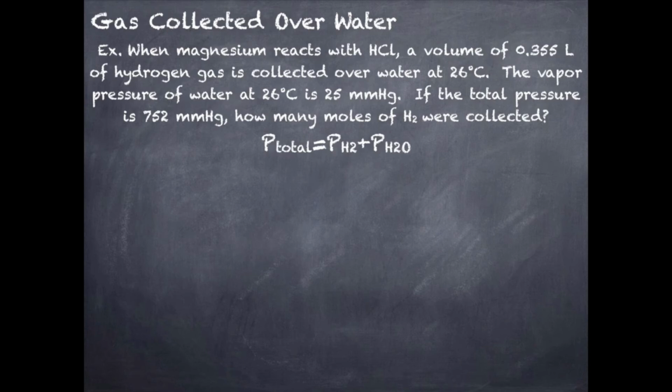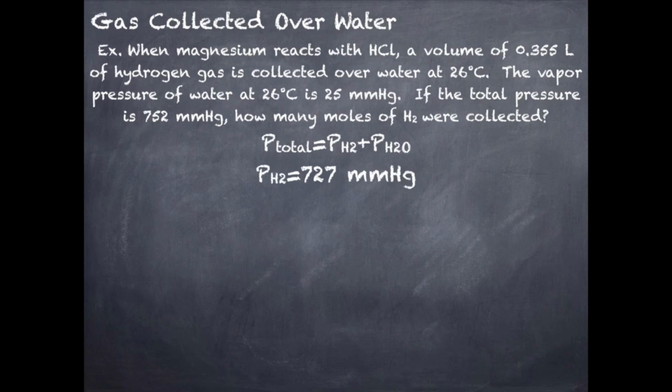Well, I know the total pressure in this case is 752, and I know that the partial pressure of water is 25. And so that tells me that the partial pressure of hydrogen gas is just going to be 727 millimeters of mercury. So that's the only new concept in this entire lesson, the idea that the two partial pressures add up to give you a total pressure.